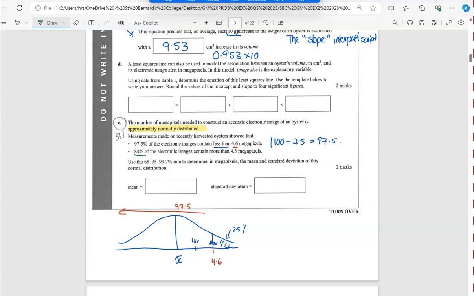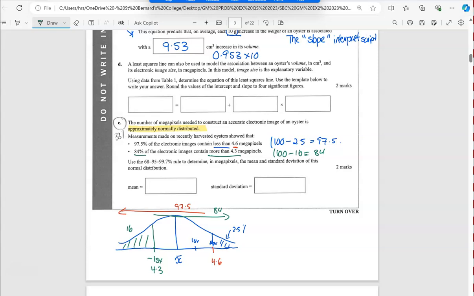It says 84% contain more. So you can see 100 minus 16, which is another type of tail, equals 84. But it's saying more than. So if I go minus 1 standard deviation, this pocket ends up being 16%, so above it would be 84%. So now they've told me that one is 4.3.